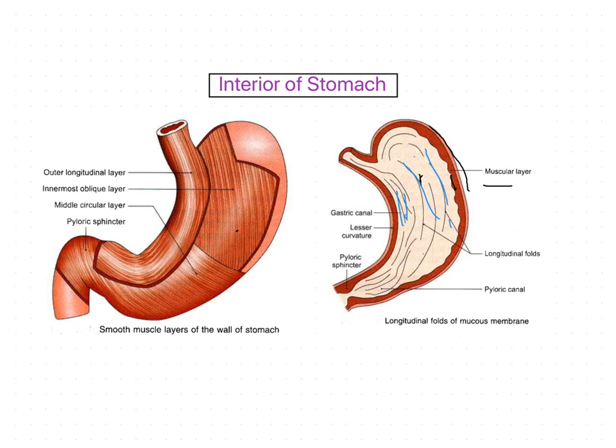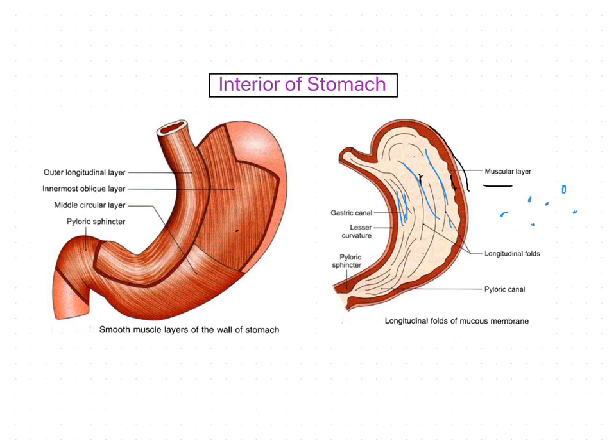On the mucosal surface there are numerous small depressions that can be seen with the help of a lens. These are called gastric pits, and through these gastric pits the gastric glands open.